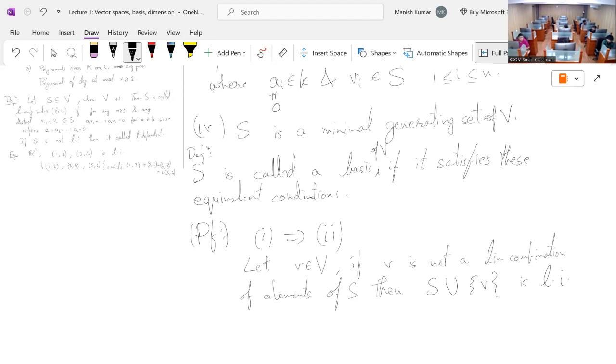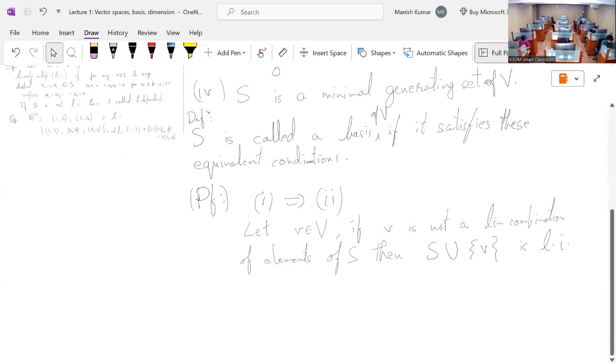So you can write v as a linear combination of other elements, which will contradict your hypothesis one. So that tells you that hence two holds.